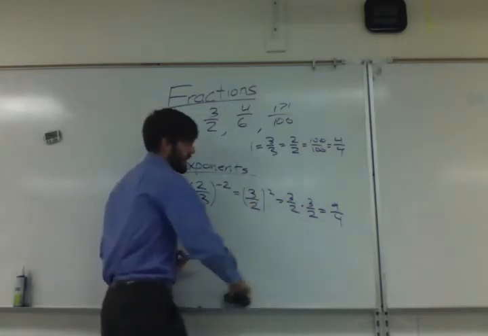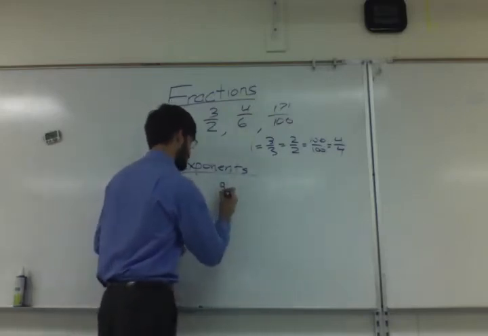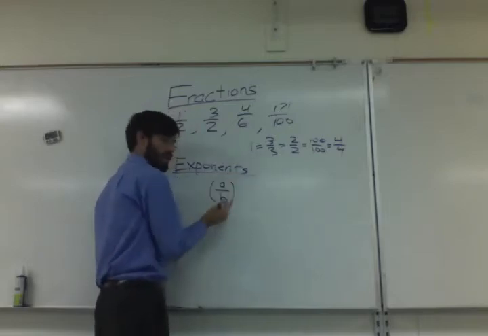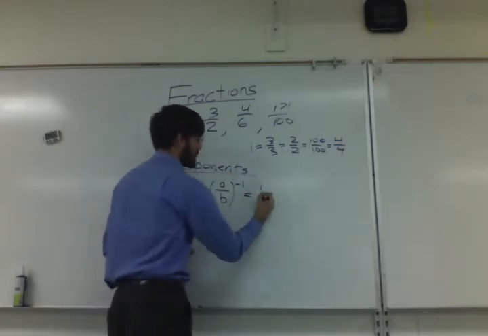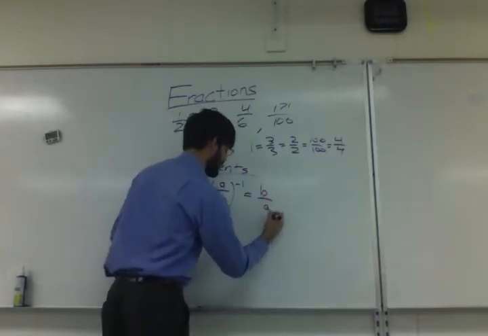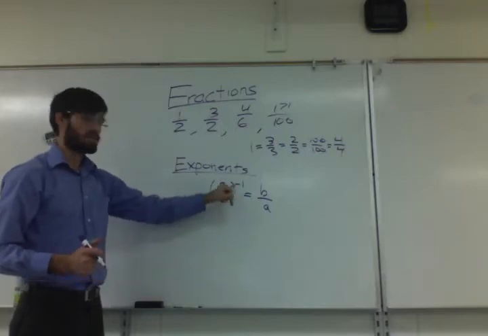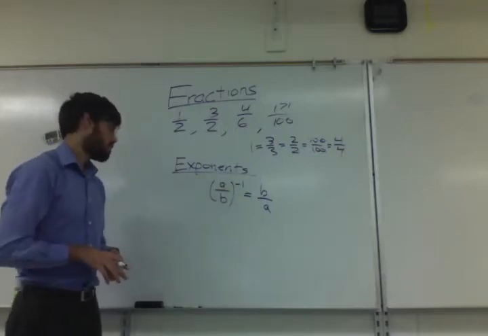So any fraction a over b to the negative 1 power equals b over a. And because this is the relationship, something raised to the negative 1 power is often called the inverse or the reciprocal.